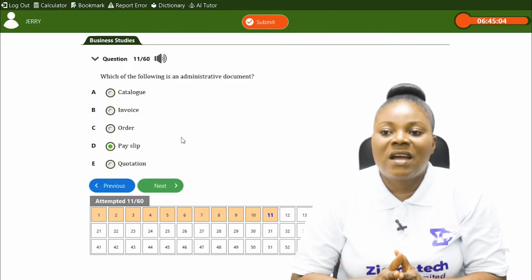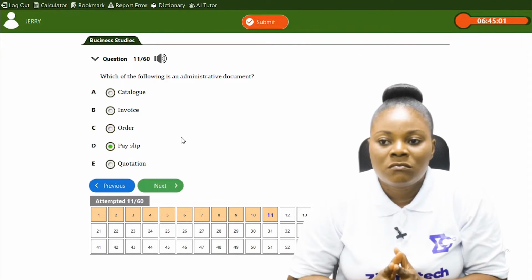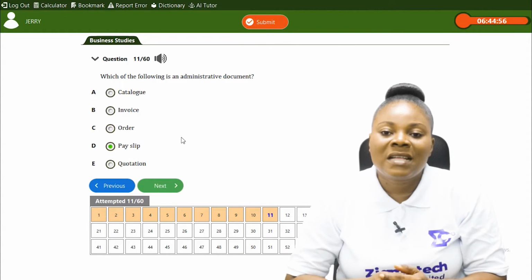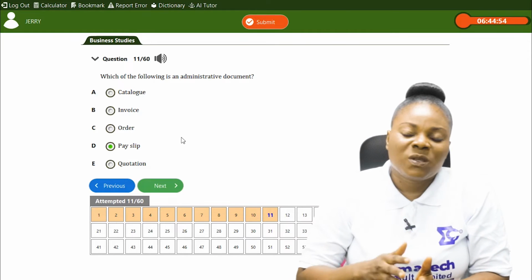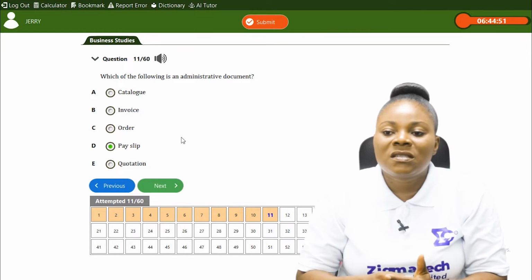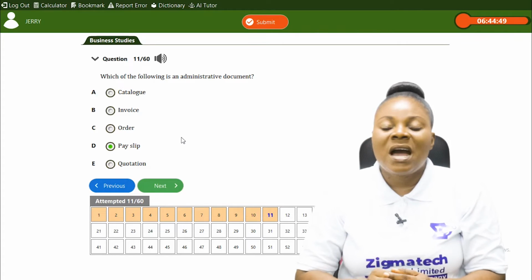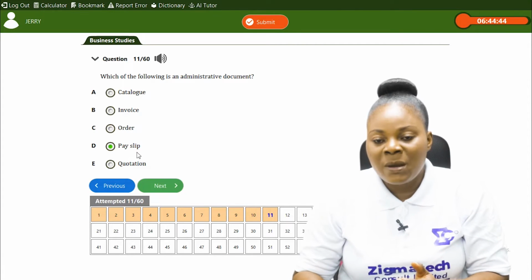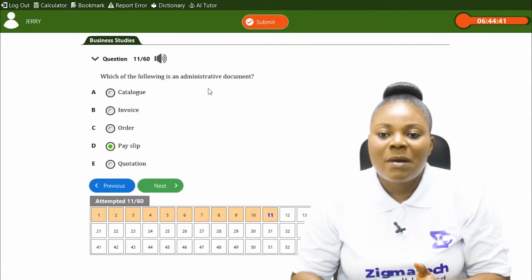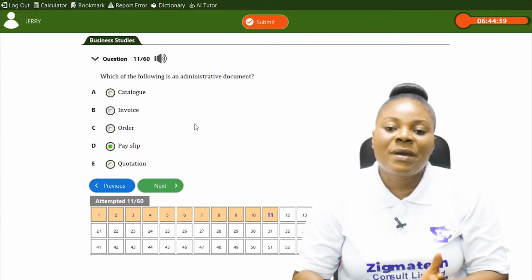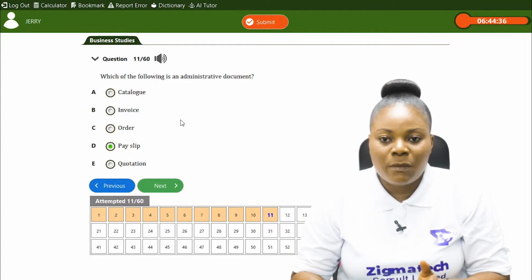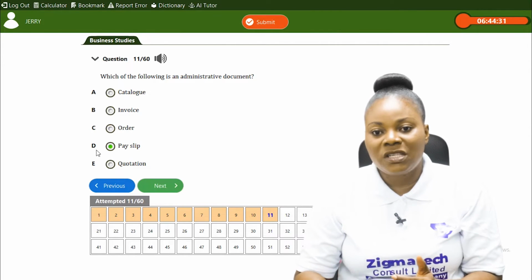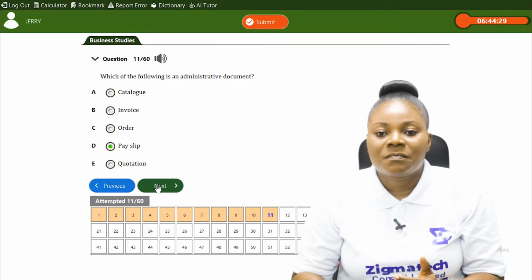The details of an employee's income or salary, everything is detailed on the pay slip, like items such as the basic salary, transportation allowance, housing allowance, wardrobe allowance, then you have less tax and all of that. So everything is detailed on the pay slip, and the pay slip is arranged by the administrative department, though prepared by the accounts department, but under the supervision of the administrative department. So option D is the answer.